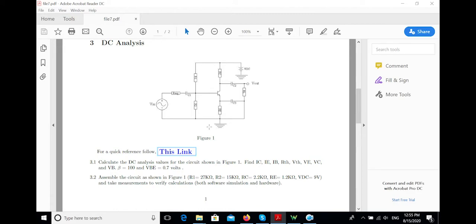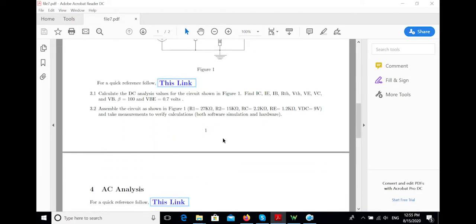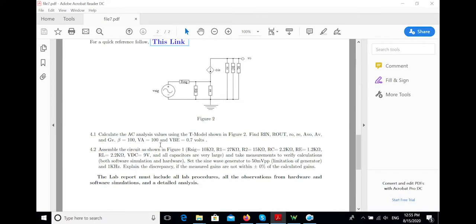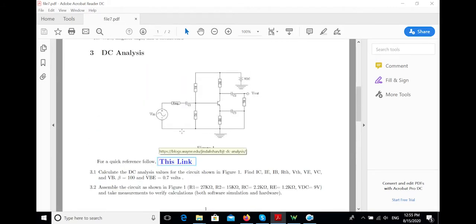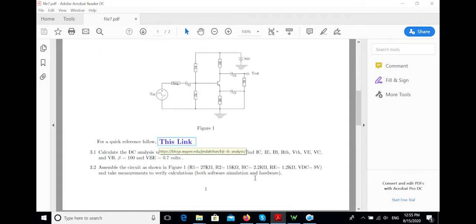The function generator needs to be, I will explain this later, a 50 millivolt peak to peak, which means 25 millivolt peak, 1 kilohertz sinusoid. Then you need to measure different values. For example, the things that you can see on board include VC, VE, and VB.